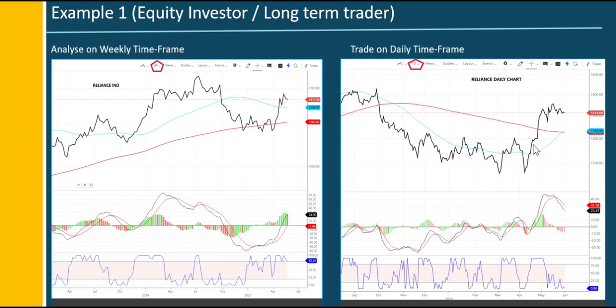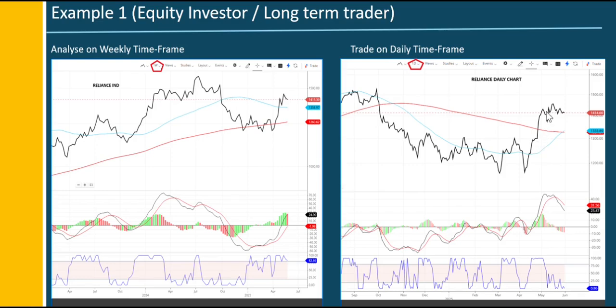And when it actually breaks the 50 SMA line, I will start accumulating further. So with the help of MACD as well as stochastic, we will not aggressively buy or put all our capital in one go. We'll try to spread out over a few months, as seen here. So this gives me a nice average price.